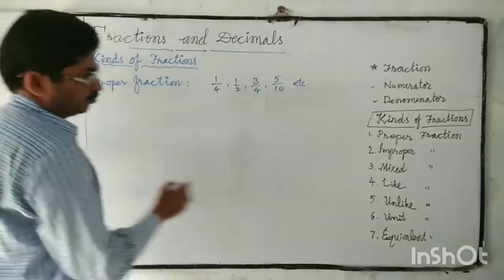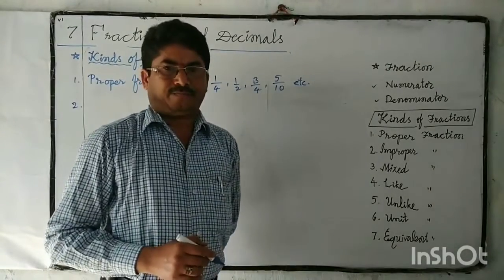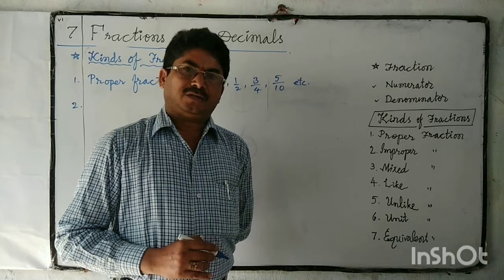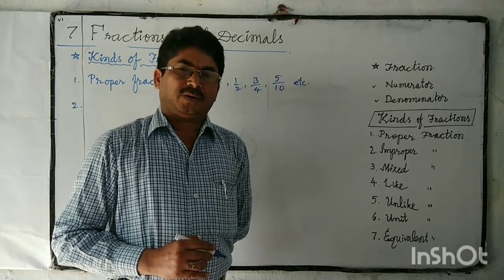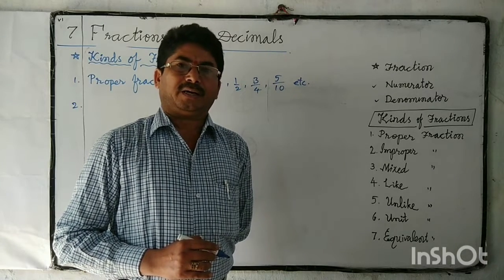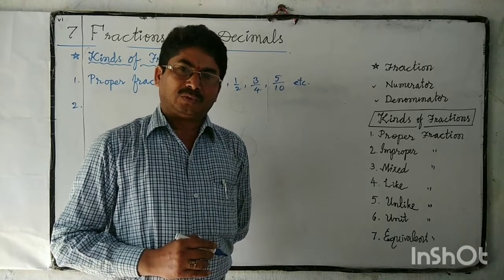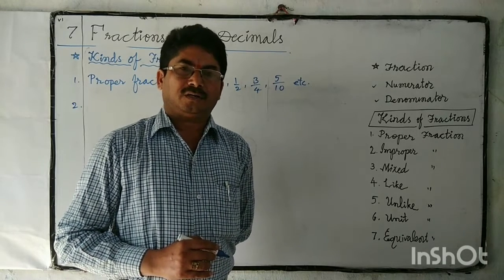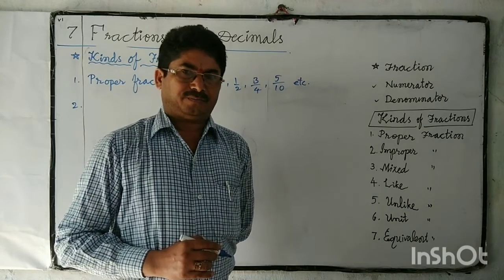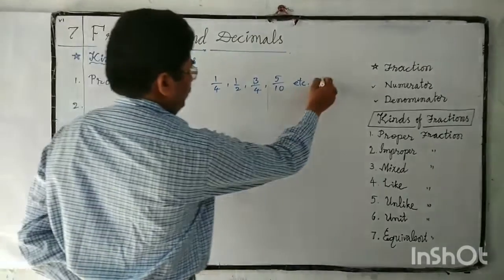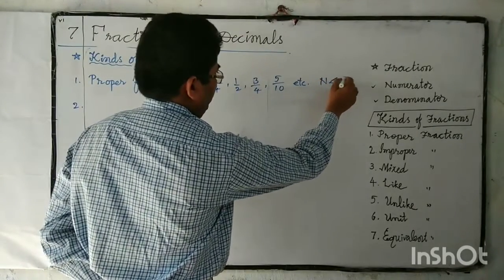Next, improper fraction. What is an improper fraction? A fraction in which the numerator is greater than the denominator or equal to the denominator is called improper fraction. In proper fraction, numerator is less than the denominator.